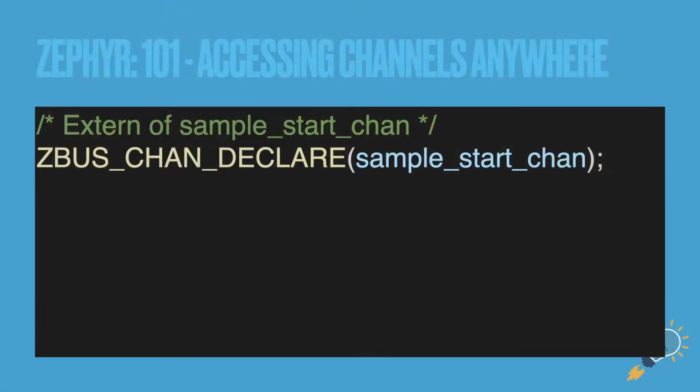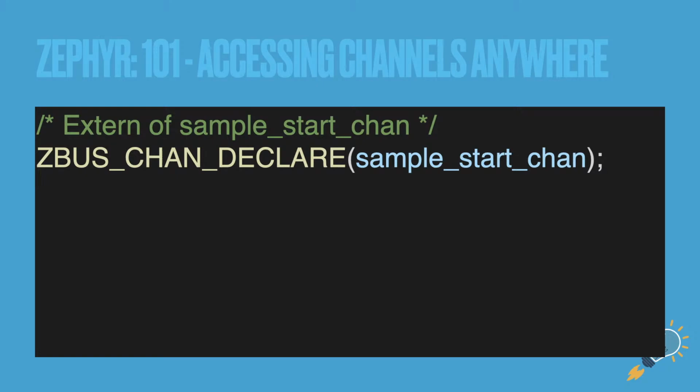So this creates an extern of your channel. You have the channel defined somewhere else, and then this is in a separate file. Say you defined your channel in your main, but you need to actually push to that channel from maybe a sensors file. That's how I had it in this example. You guys can check it out.